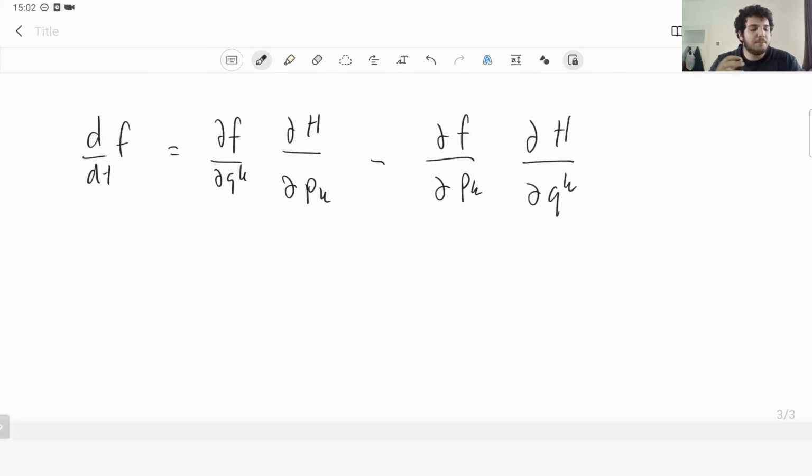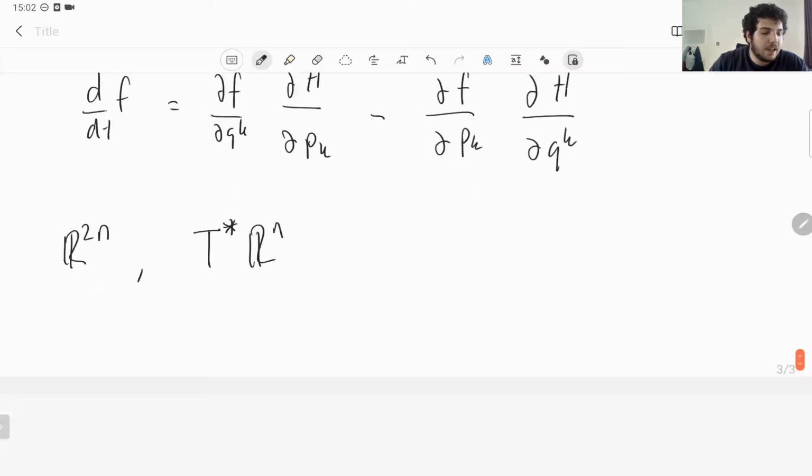Okay, so now let's come to the part where we will relate classical mechanics with our symplectic geometry. Why don't we think of R2n as a cotangent bundle of Rn? These can be thought of as the same thing, at least. So our configuration space is Rn, and our cotangent bundle is T star Rn, which is isomorphic to R2n.